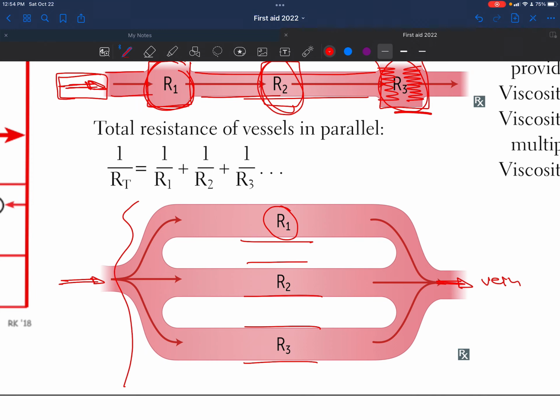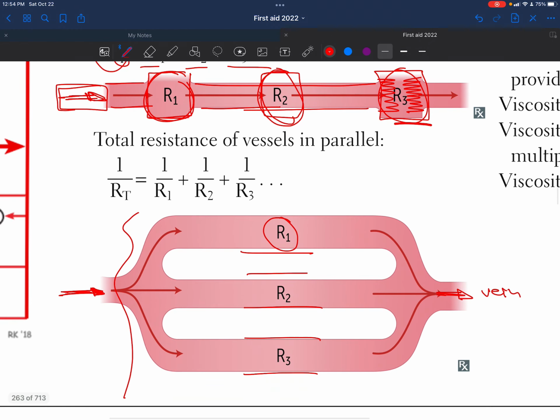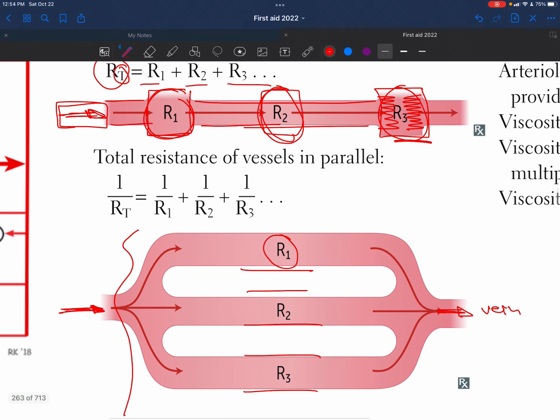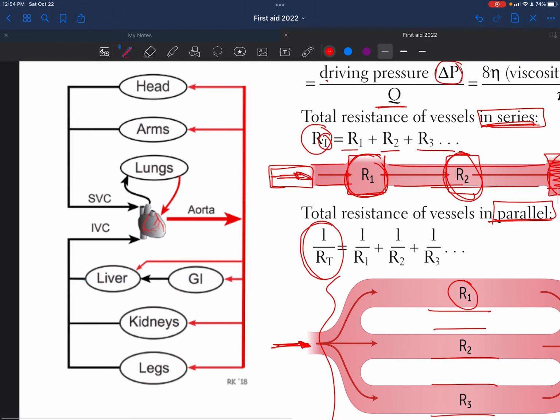Whenever we want to calculate the total resistance resisting this blood flow, it is not simply R1 plus R2 plus R3 like in series. It should be different. Now 1 over the total resistance equals 1 over each one of those resistances, because this connection is in parallel.